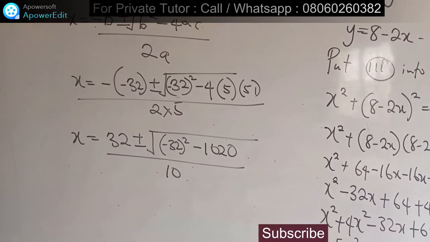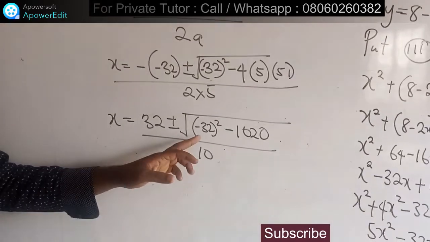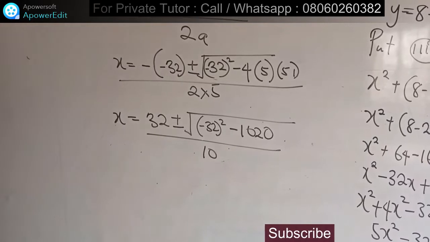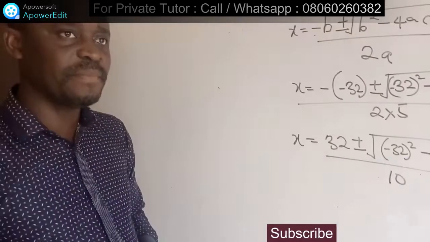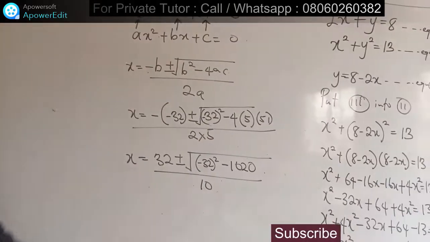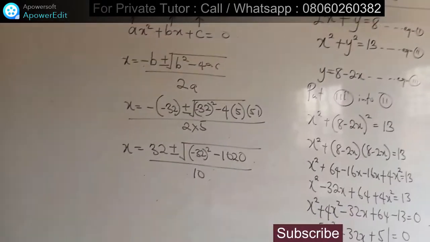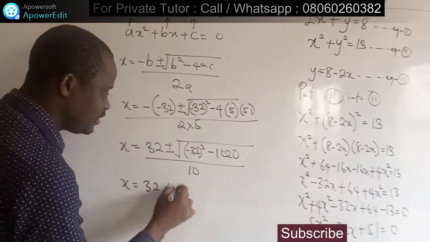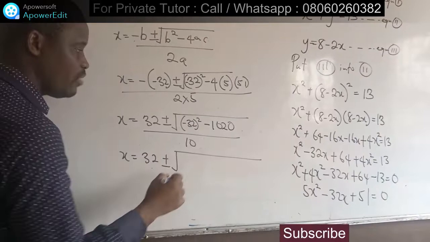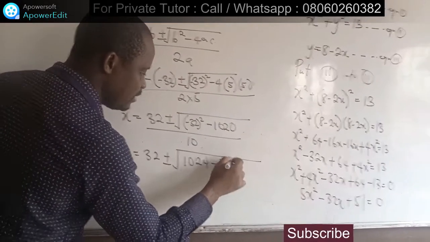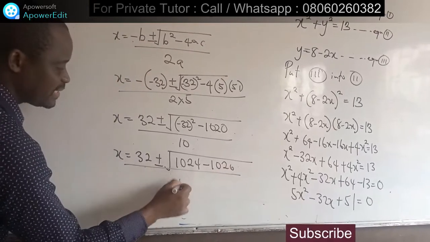Now from here, the next thing you have to do is find the value of minus 32 squared. If you check out the square of minus 32, that will be x equals 32 plus or minus square root of 1024 minus 1020 over 10.